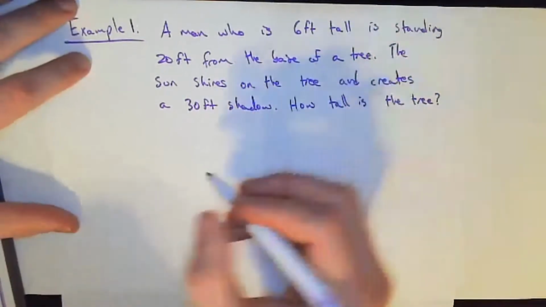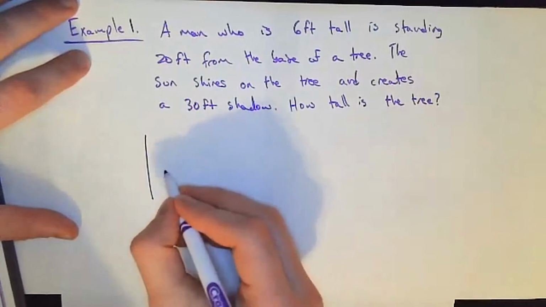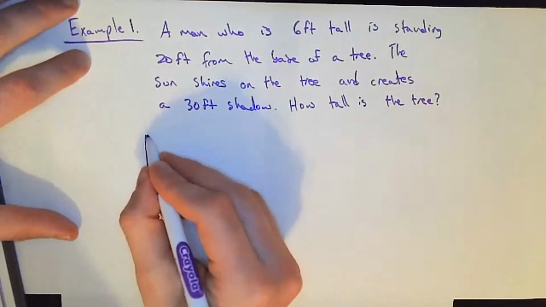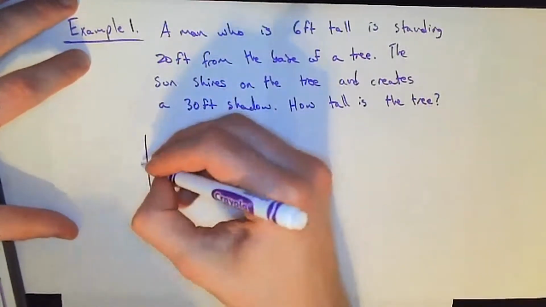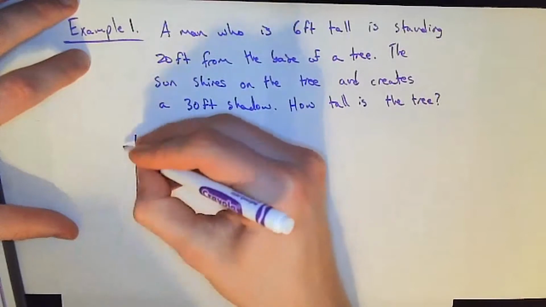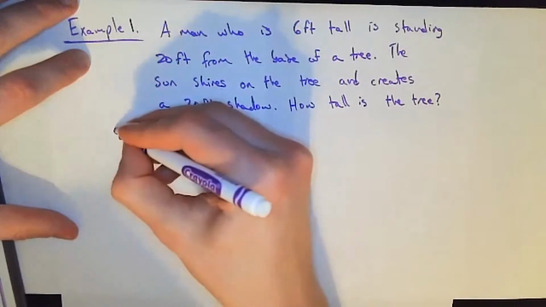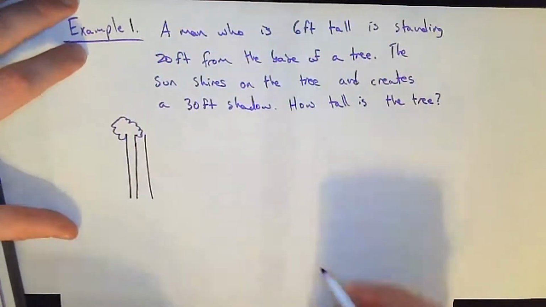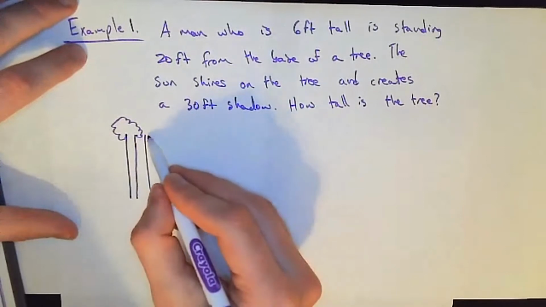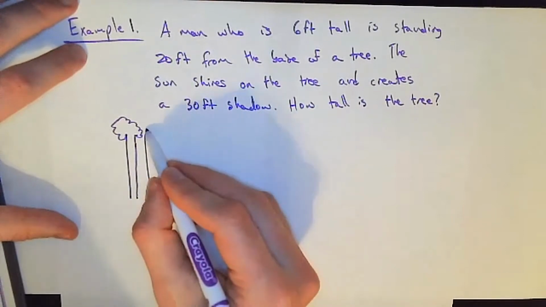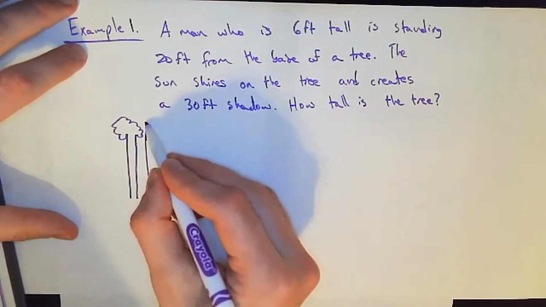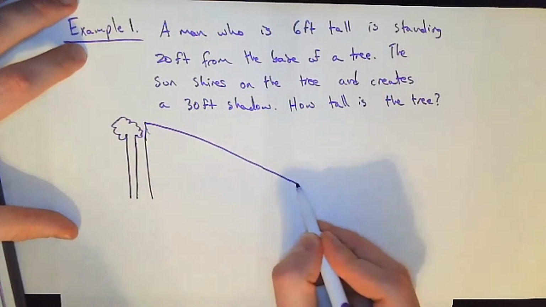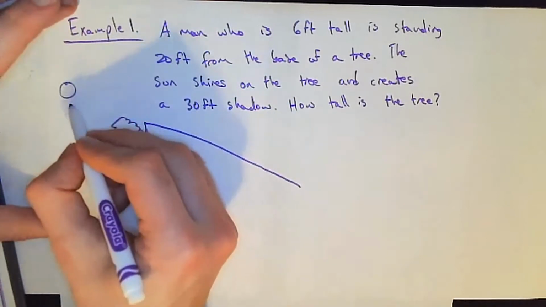And they give you a picture to go along with this too, so maybe that'll help set this up. So here's the tree, and let's say that's its height there. And it's casting a shadow. The sun up here is casting a shadow.